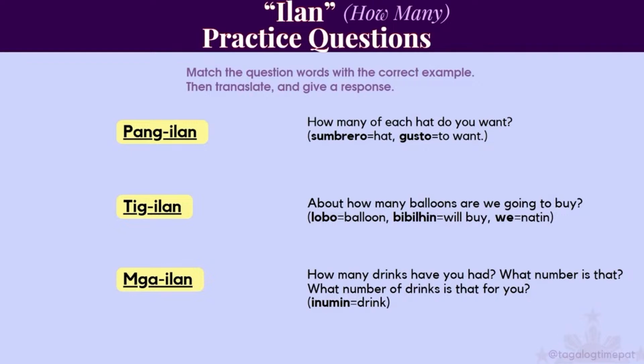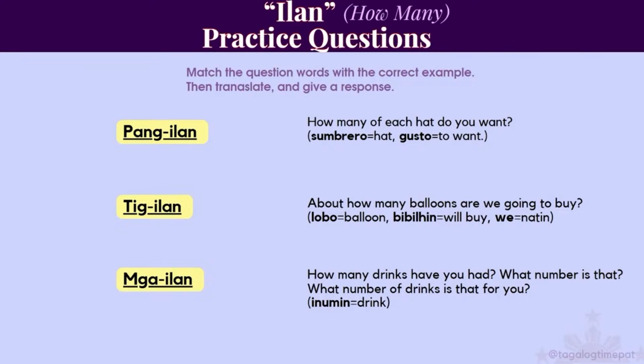About how many balloons are we going to buy? How many drinks have you had? Like, what number is that? Or what number of drinks is that for you? So we have to match what question word would go with that question, and then we will translate. So go ahead and do that. Pause the video and see if you can match and then translate and give a response.